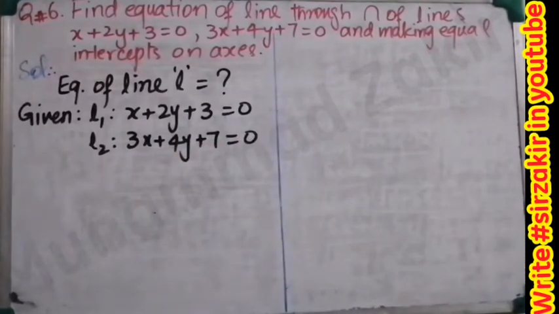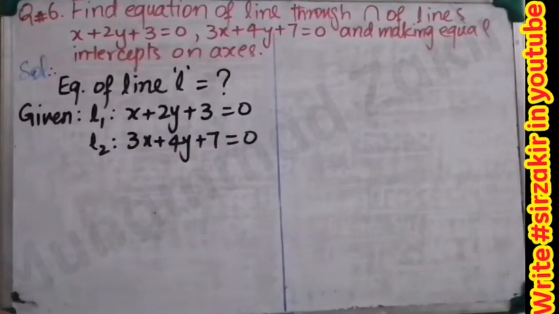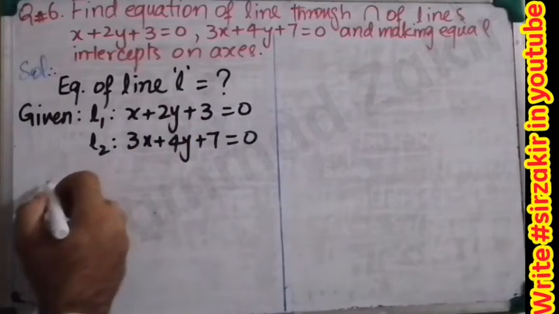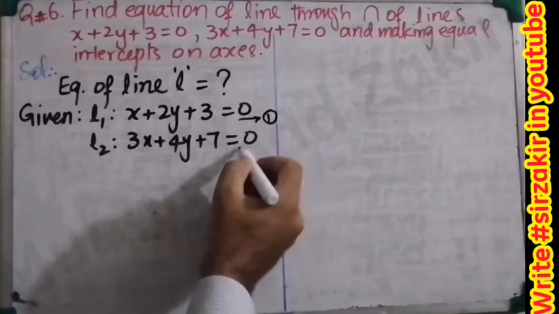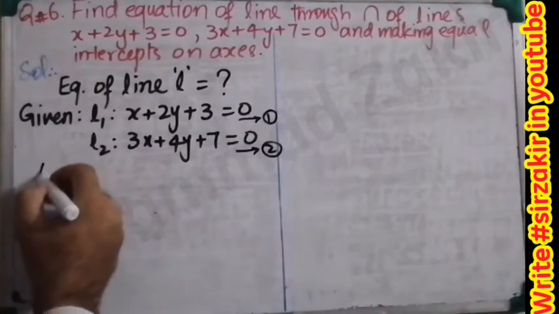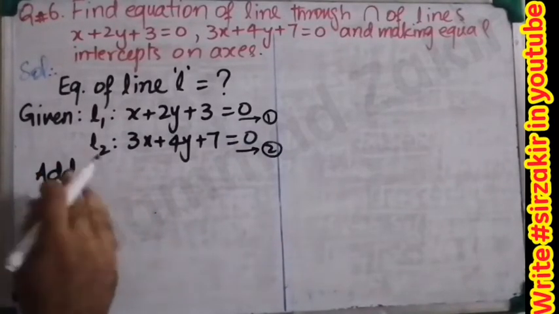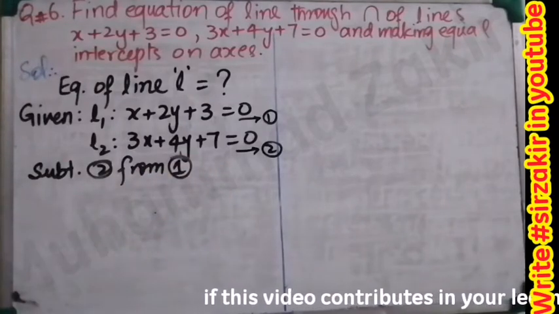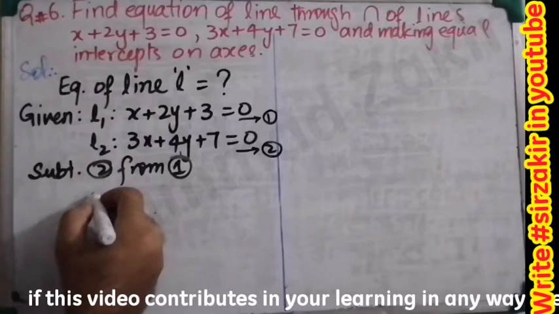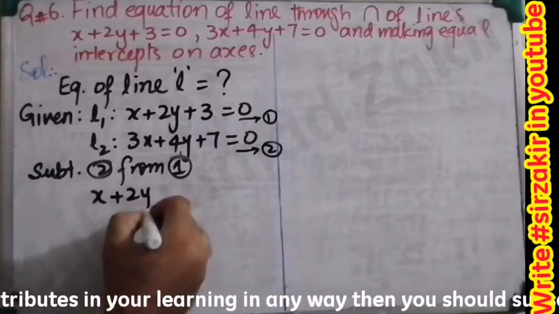As we know that the required line passes through the intersection of these two lines, we first find the point of intersection of these two lines. So for that we first name them 1, 2 and we will subtract 2 from 1. Subtraction is being done. x + 2y + 3 = 0 and 3x + 4y + 7 = 0.